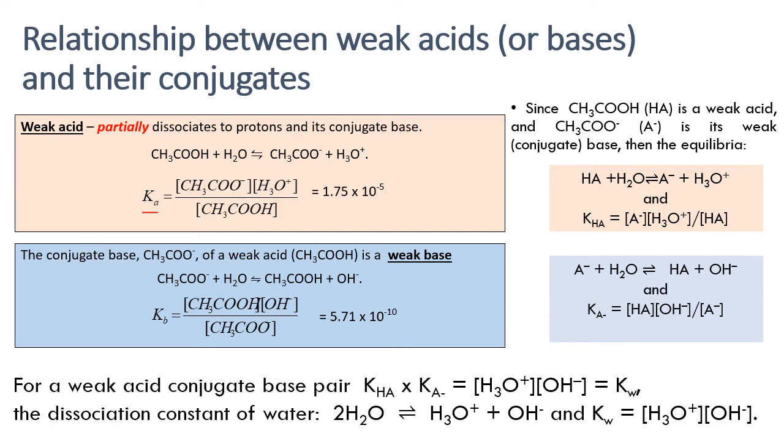Now, let's look a little closer. For a weak acid and conjugate base pair, the acid dissociation constant multiplied by the base dissociation constant should be equal to the concentration of hydronium ions times the concentration of hydroxide ions, which should give us Kw, right?